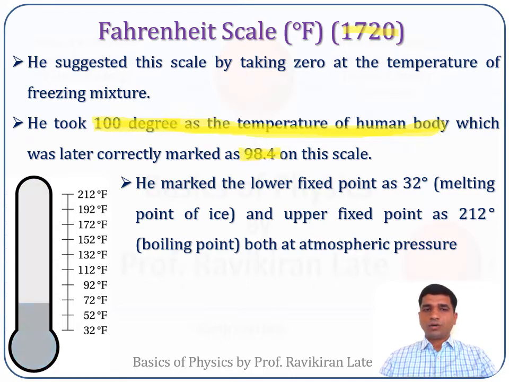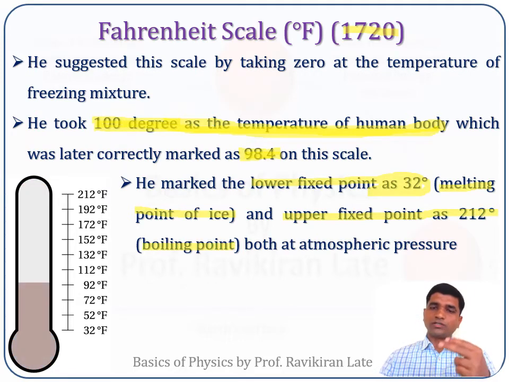For the proposition of this Fahrenheit scale, he marked the lower fixed point of temperature, that is 32 degree, as the melting point of ice, and he considered the upper fixed point as 212 degree, that is the boiling point of water.